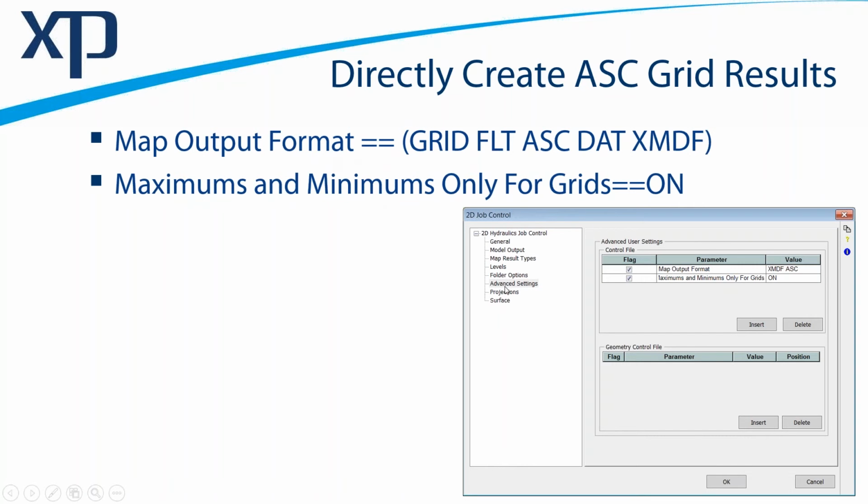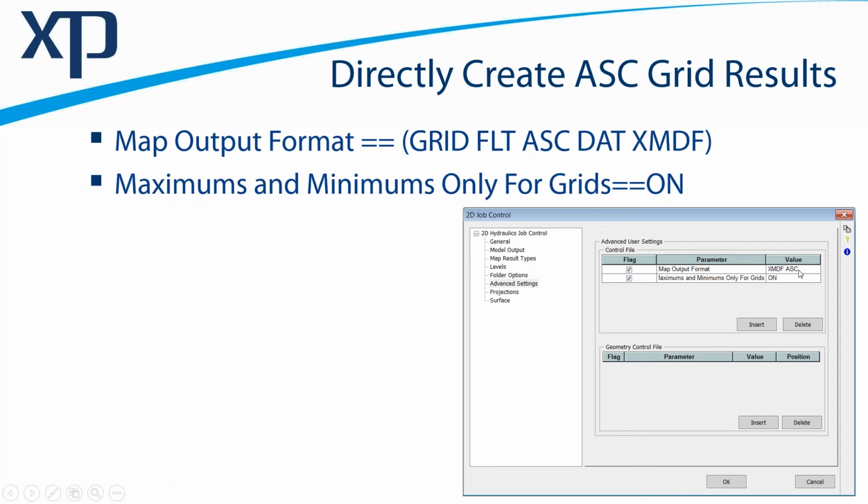Well, as I mentioned, you go to the advanced settings. The flag here makes it enabled or disabled, and you put in the parameter. The double equals sign is sort of the text part of how it could be written if you were using the 2D engine raw without an interface.